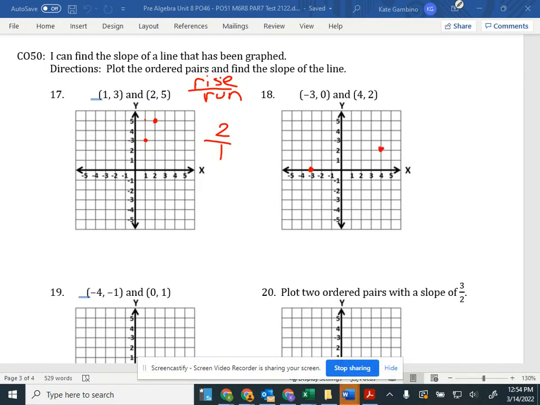So I'm going to go up 1, 2, and I'm going to go over 1, 2, 3, 4, 5, 6, 7. Some of us, because we had to go over so far, we counted wrong. Our run is going over 7, so it should be 2 7ths. So that one, I did have some people get wrong because they just counted wrong. So be careful, go slow.